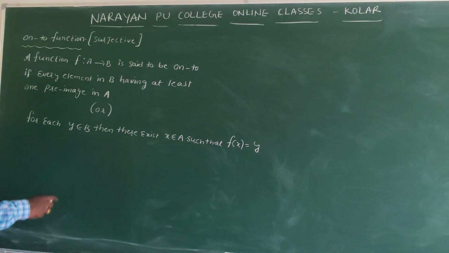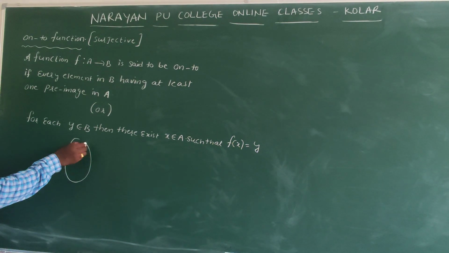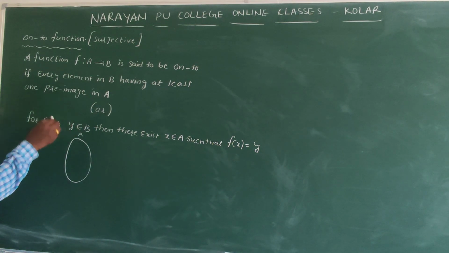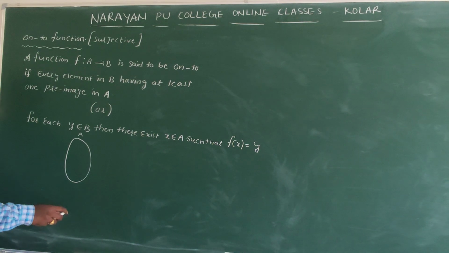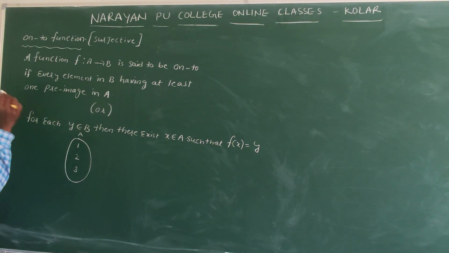I will give a small example for onto function. This is set A. This set A having three elements: 1, 2, 3.